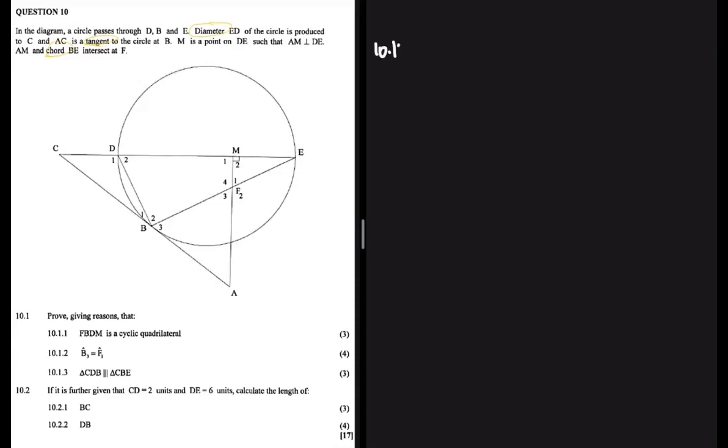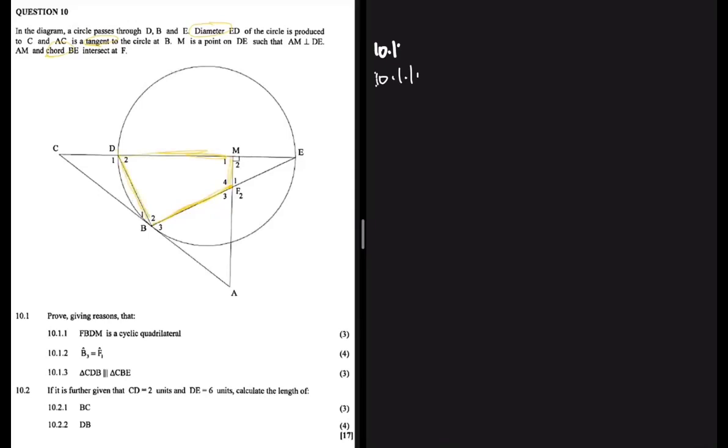So we have 10.1, and then 10.1.1 says prove, giving reasons, that FBDM is a cyclic quadrilateral. So we have FBDM being a quadrilateral, right?